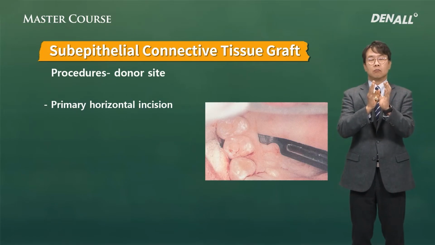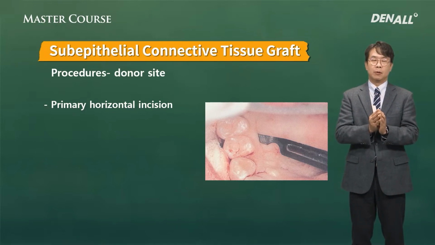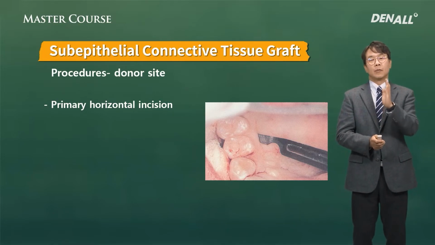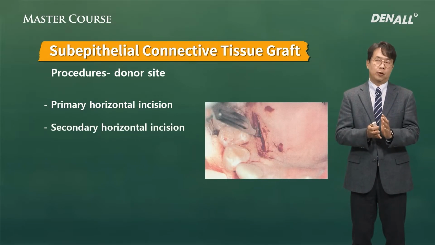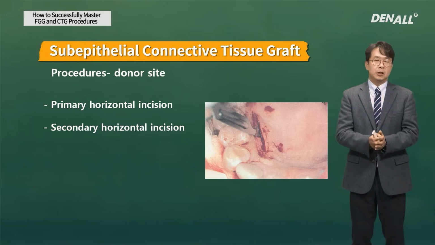Likewise, the donor site needs to be made, not the recipient site. Similar to free gingival graft, a horizontal incision should be made first, and a second horizontal incision should be made to make a partial thickness flap, just like free gingival graft.